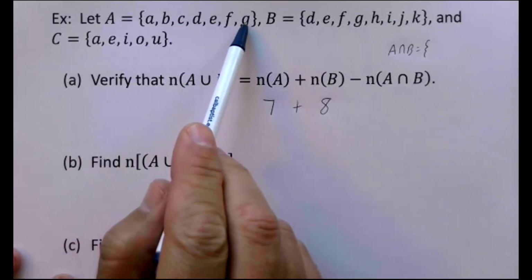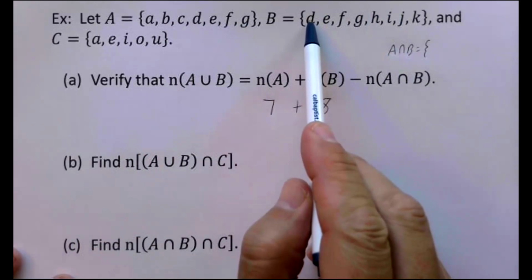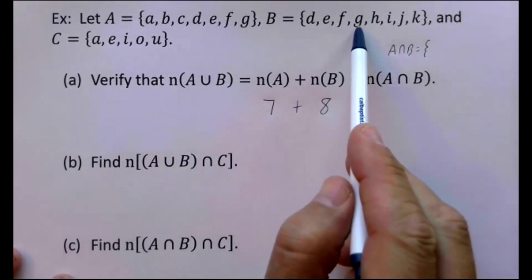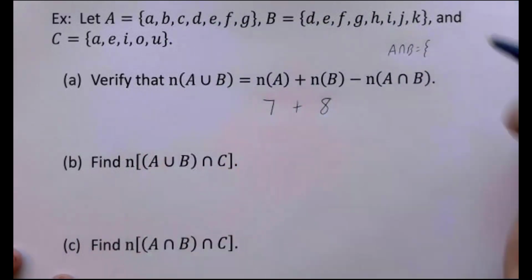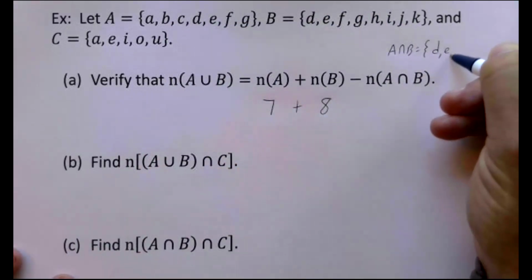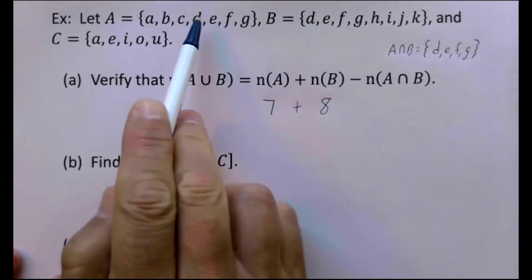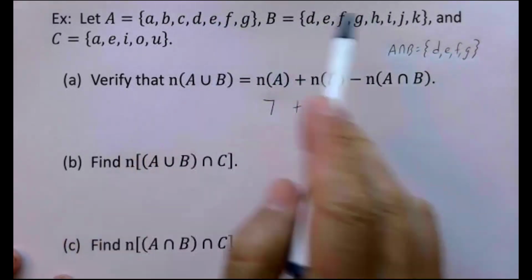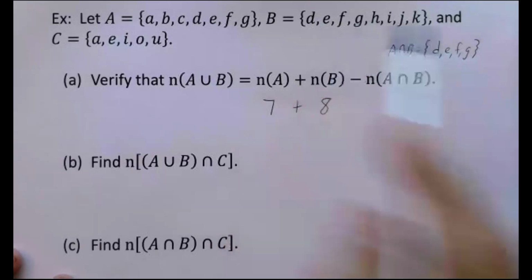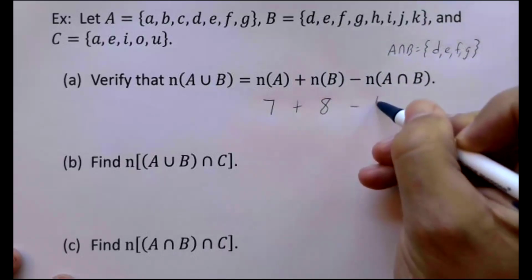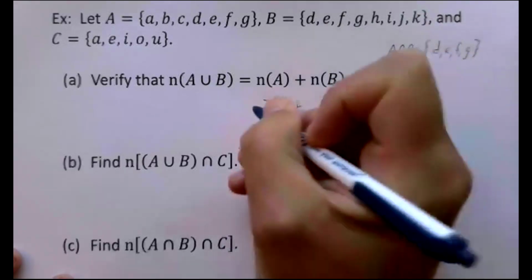D, E, F, G also shows up in set B. So the overlap comes with those letters D, E, F, G, right? That's the intersection of the two. But there's 4 of those, right? So the number of elements in that intersection is 4.